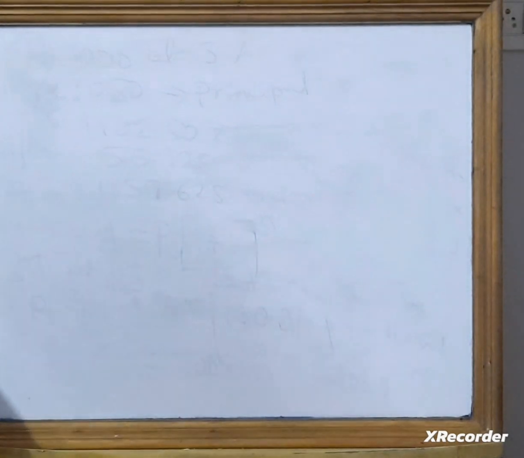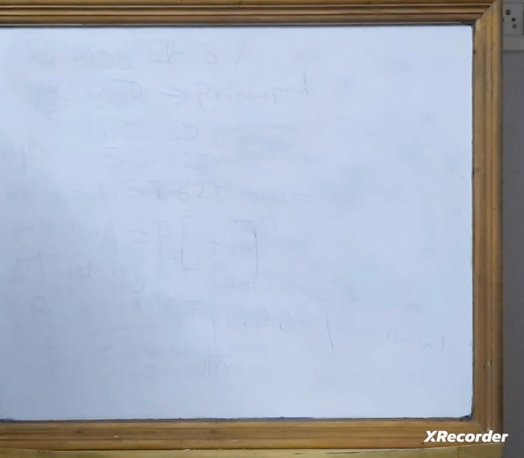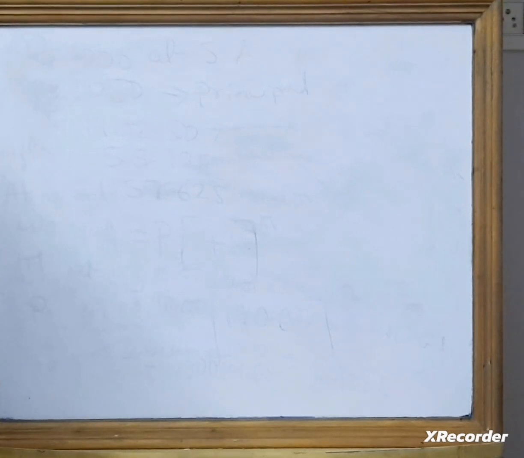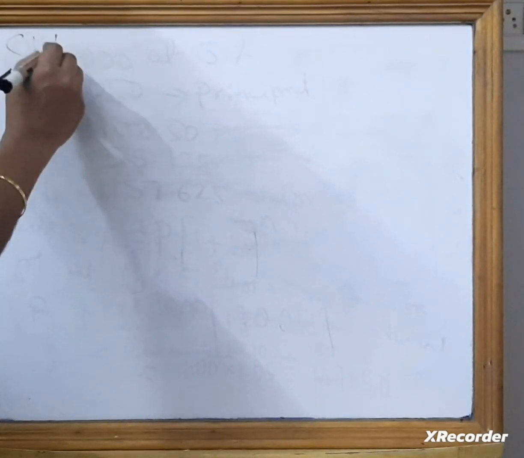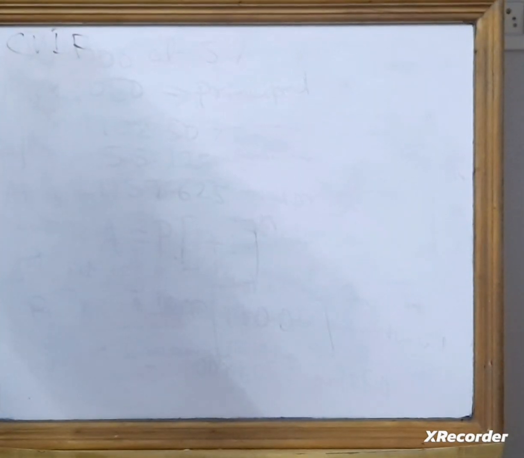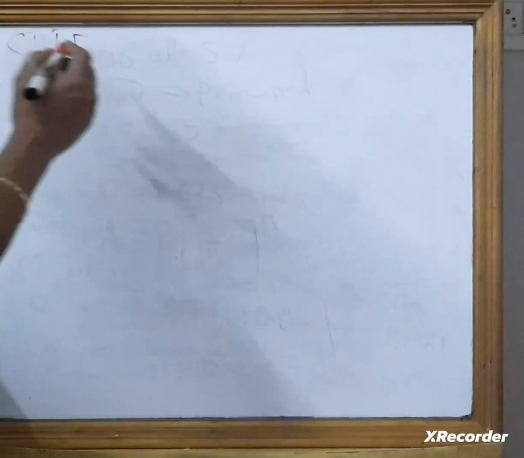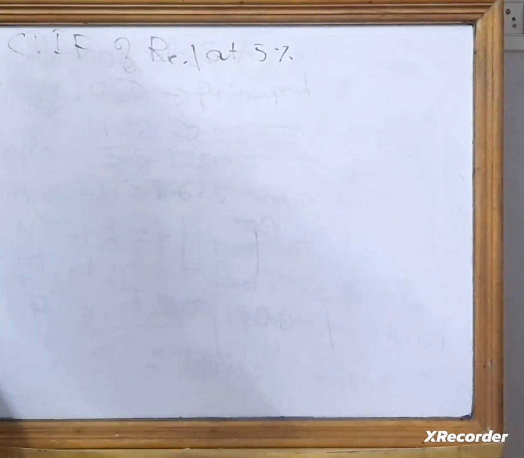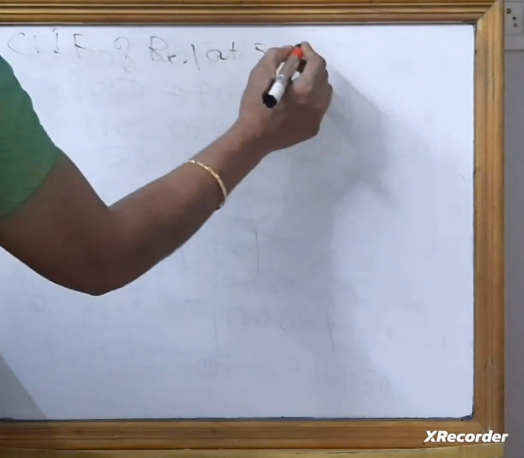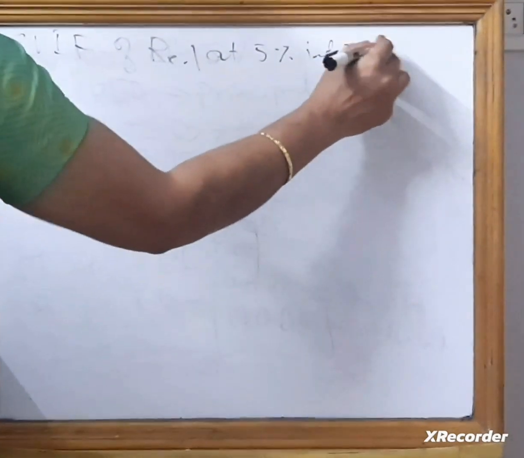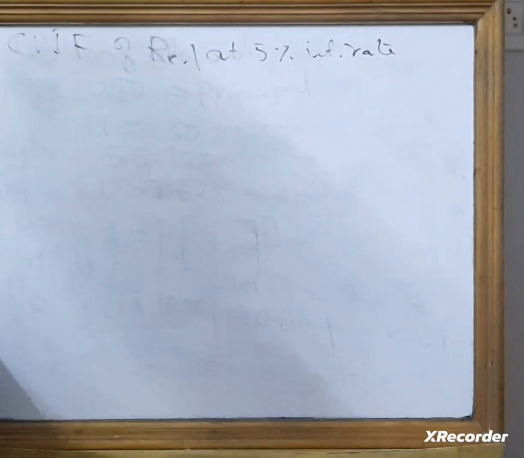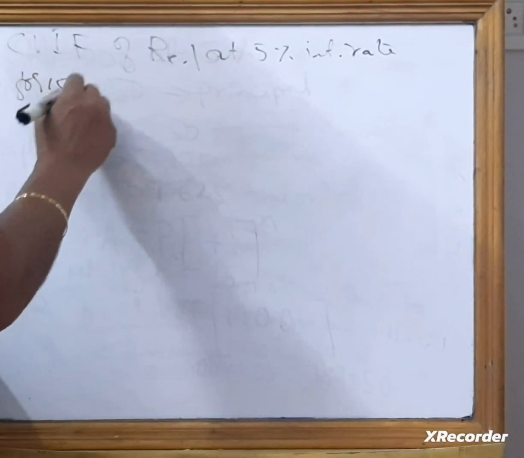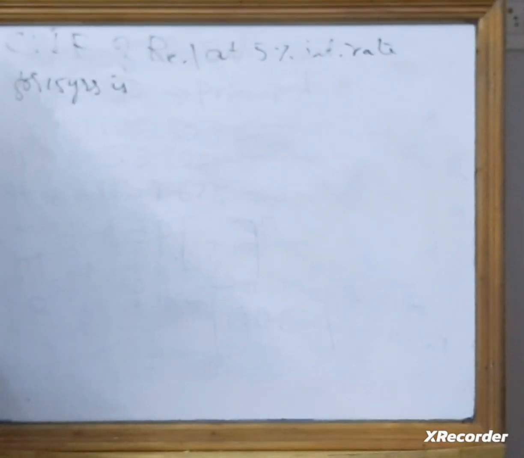So friends, from the compound value of rupee table, we find that the compound value interest factor of rupee 1 at 5% interest rate for 15 years is 2.079.